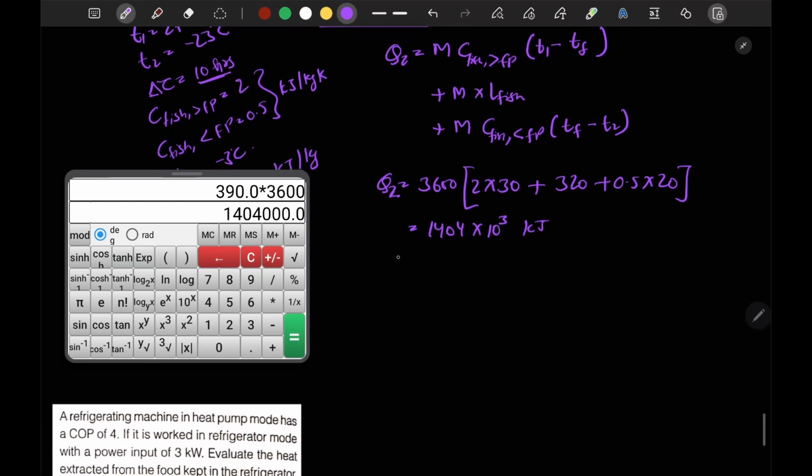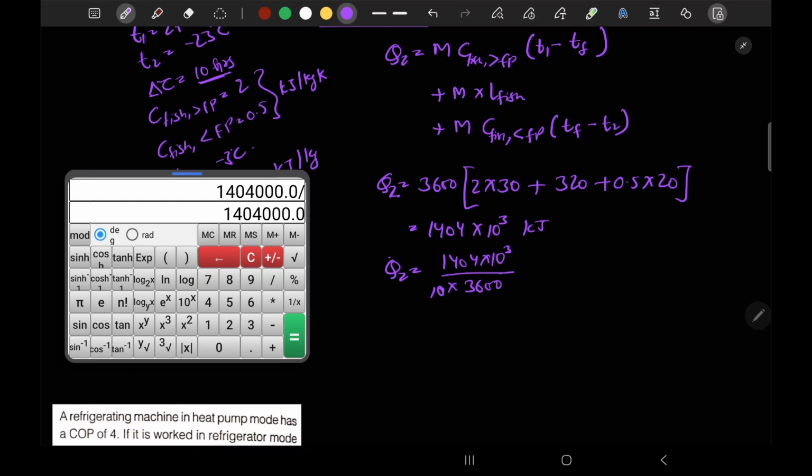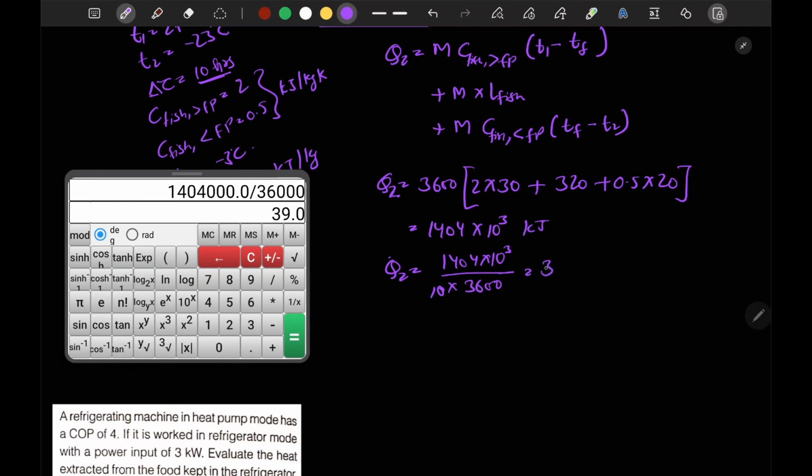So we can divide Q2, 1404 into 10 to the power 3, by 10 hours, that is 10 into 3600, converting 10 hours to seconds. This will be in kilowatts. If we divide it by 3600, we get 39 kilowatt. So this is the value of Q2.